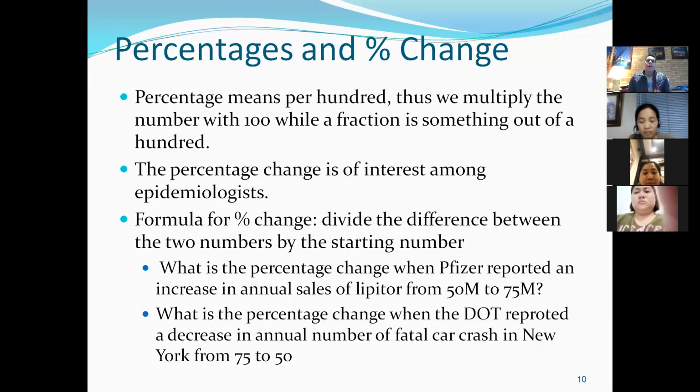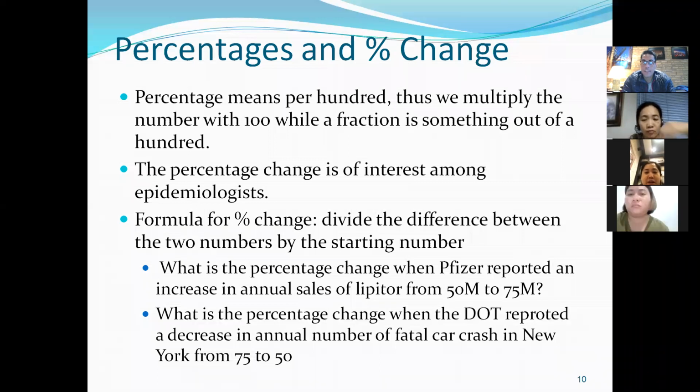So here's the problem. What is the percentage change when Pfizer reported an increase in annual sales of Lipitor from 50 million to 75 million? So let's grab our calculator. Divide the difference between the two numbers. So what's the difference between the two numbers? 50 to 75, what is the difference?